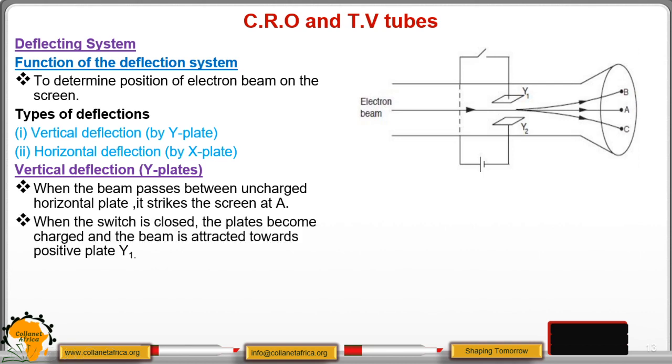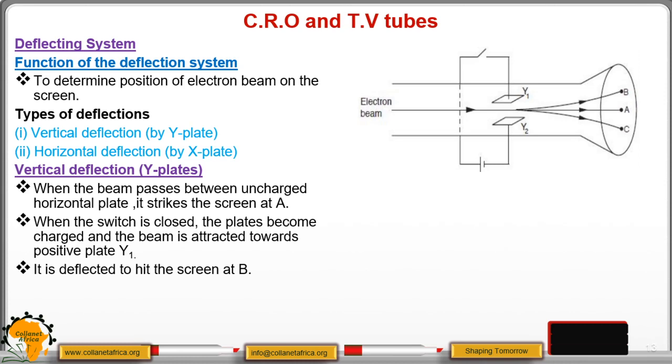But when the switch is closed, Y1 becomes positive because it is connected to the positive terminal. So the electrons, or cathode rays, are attracted towards Y1, and therefore they are deflected and hit at point B, because Y1 is the positive plate and the cathode rays are negative.